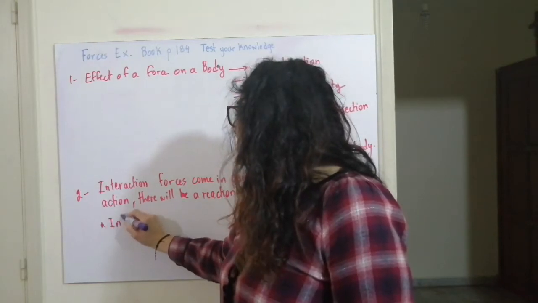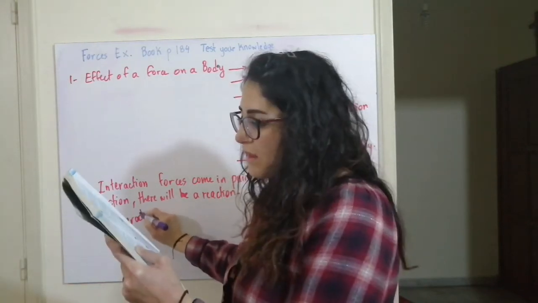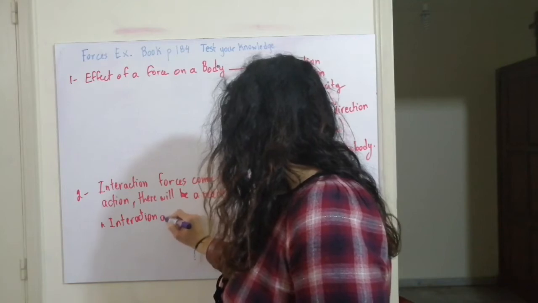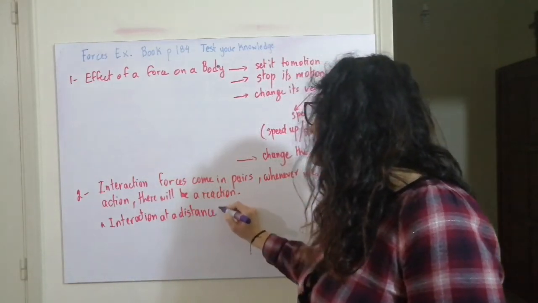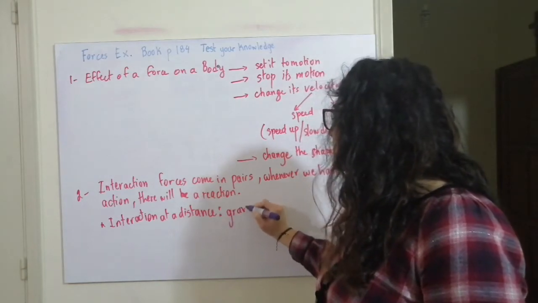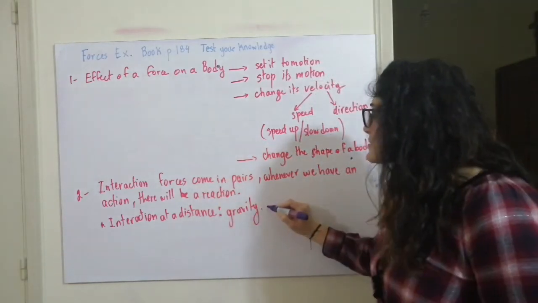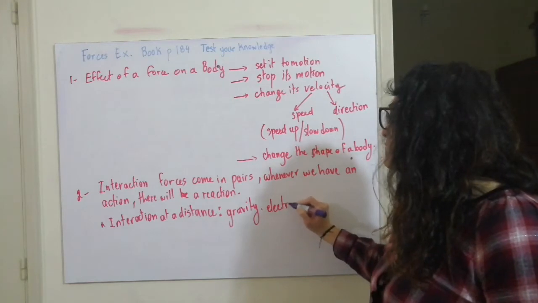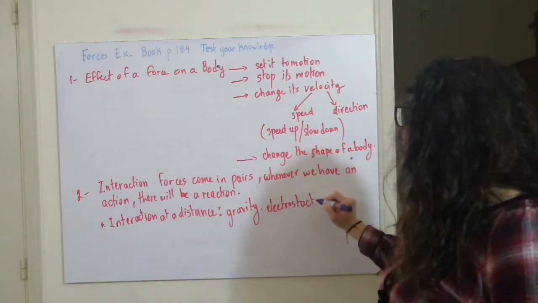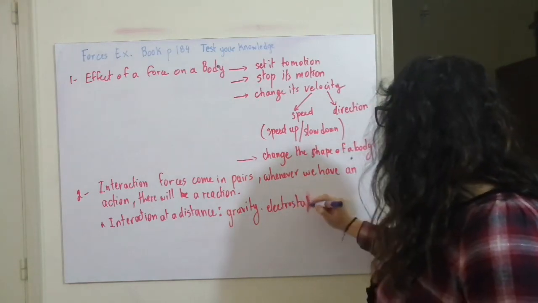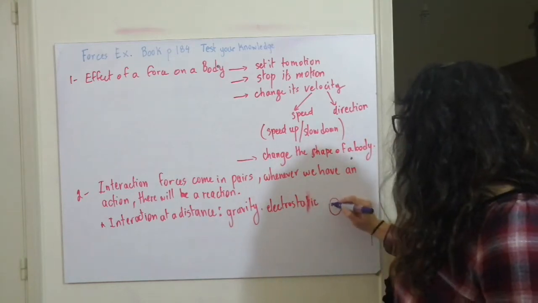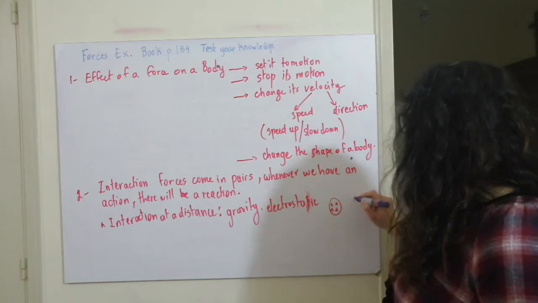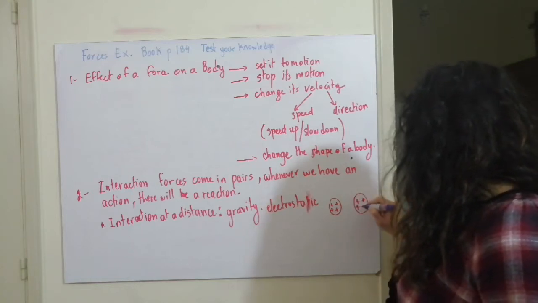Example of interaction at a distance, you can say gravity. You can also say electrostatic. If you remember, we used to have two metallic balls that have like charges.